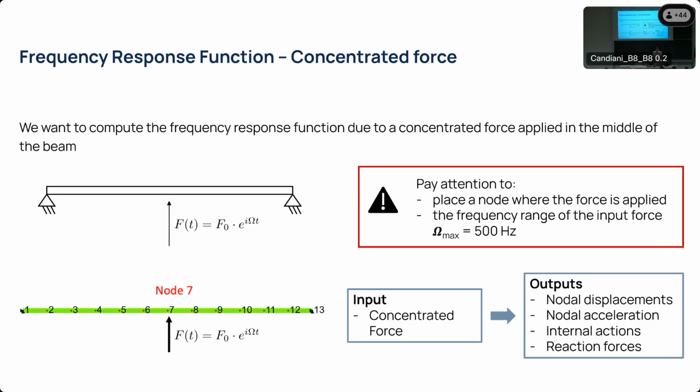Let's go into a more tough part of the lecture of today, which is the frequency response function of a structure. So, what is the frequency response function for a general mechanical system? So, does anybody want to answer?